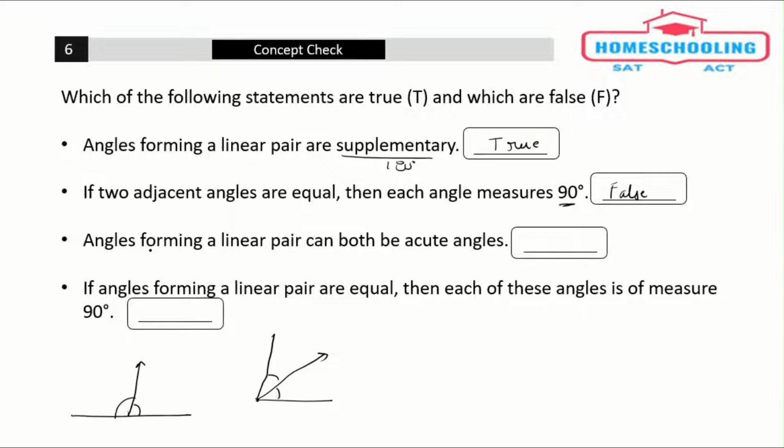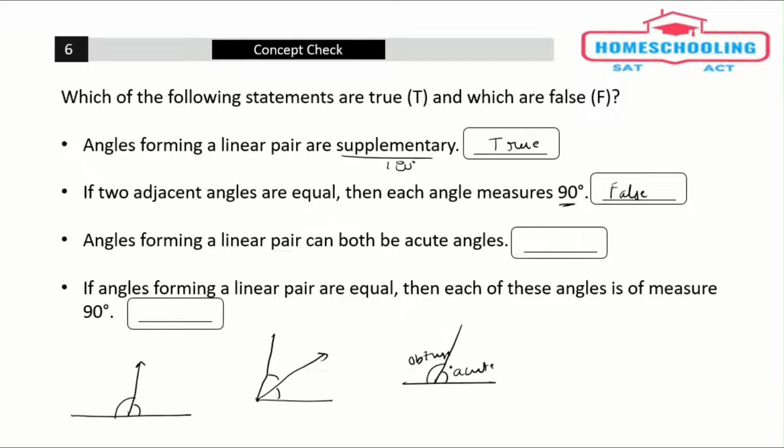Now in the next statement, angles forming a linear pair, can both angles be acute? If this is a ray like this, can both the angles be acute? No. In a linear pair, if one is acute, that is less than 90 degrees, as we have read in part 1, then the other would be obtuse.